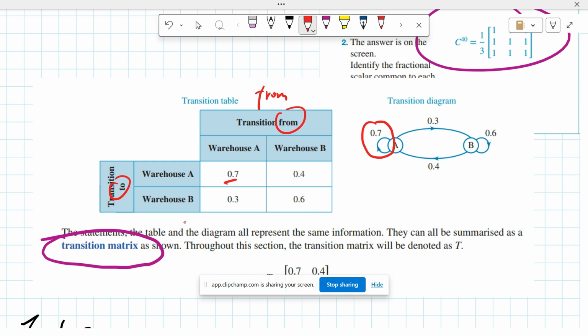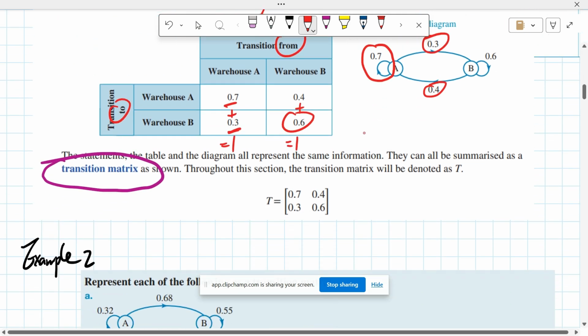From warehouse A to warehouse B, going across the top, is 0.3. From warehouse B to warehouse A, the opposite way, is 0.4. And from B to B is 0.6. Adding 0.7 and 0.3 always equals 1, and 0.4 plus 0.6 equals 1. That's the main part.